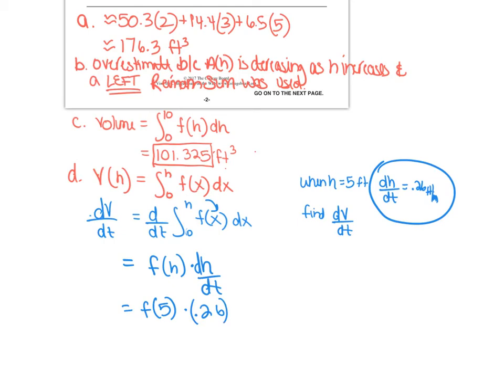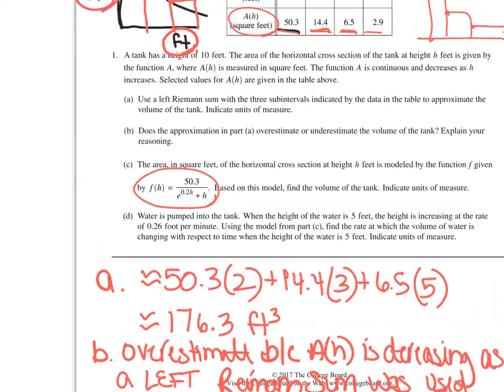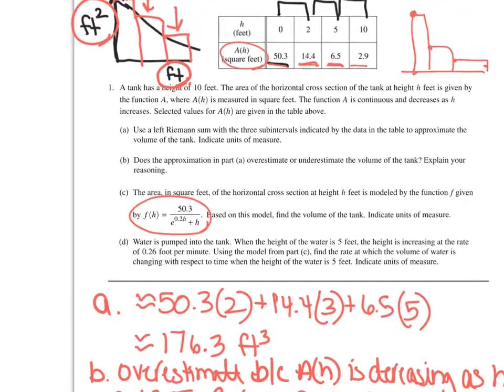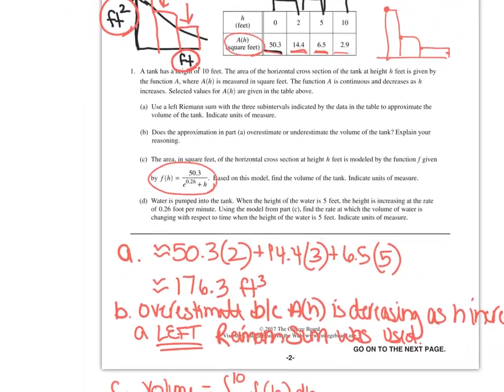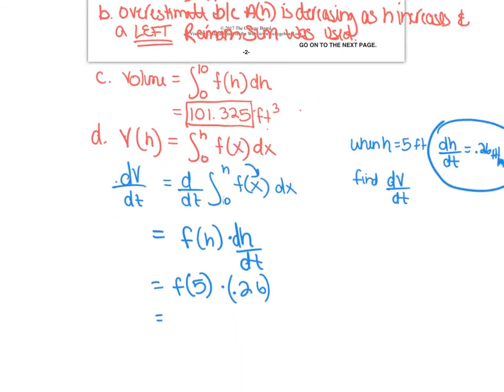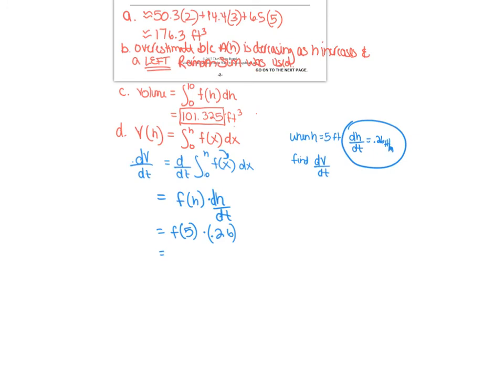Okay, we need to evaluate f of 5 just by going up to that function by plugging it into this right here. So plug in 5 for h. And actually it's approximately 6.5. We don't want to use that 6.5. We want to use all of our decimal places so we're not off. So at 5, our output is 6.51699945. So don't round that yet.